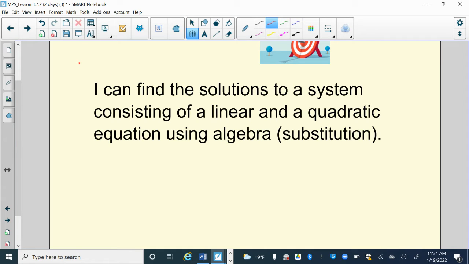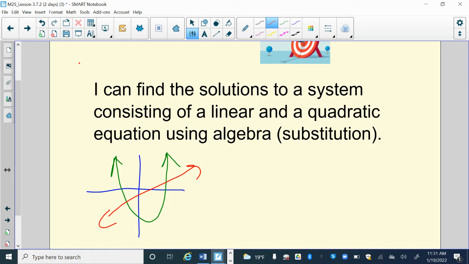So if we think about possibilities when we have a quadratic function and a line, it's like if we drew an xy plane here, we have our parabola. We really have three possibilities. We could have a line that goes directly through the middle, where we have two intersection points or two solutions.